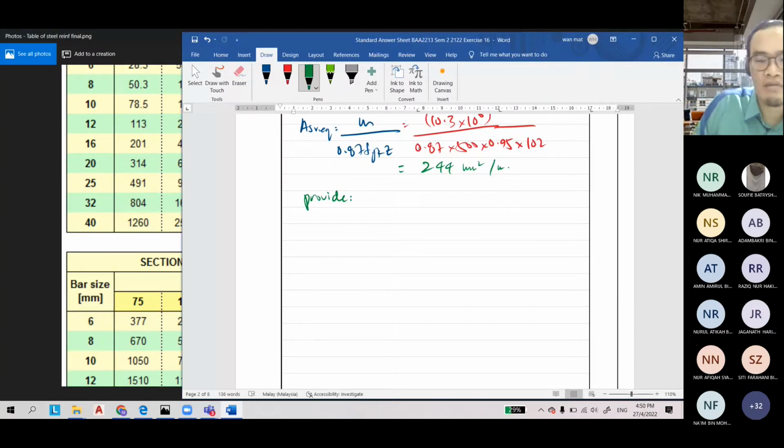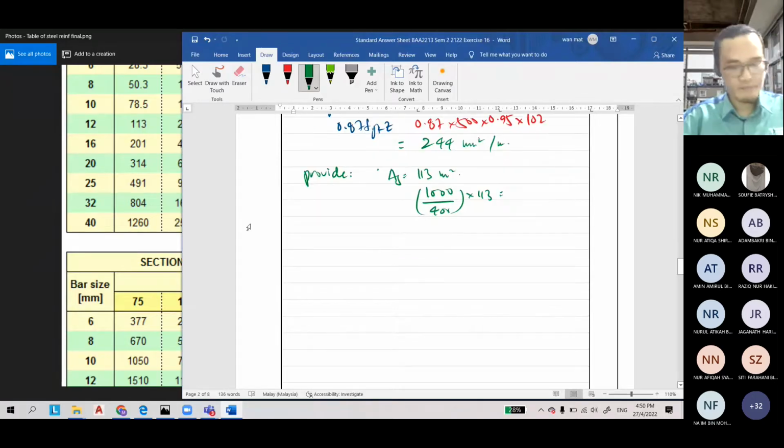Okay, let's say use the formula that I taught. So the As for one bar is equal to this one, 113 for H12, 113 mm square. So 1000 divided by 400 times 113 equal to 283, right?